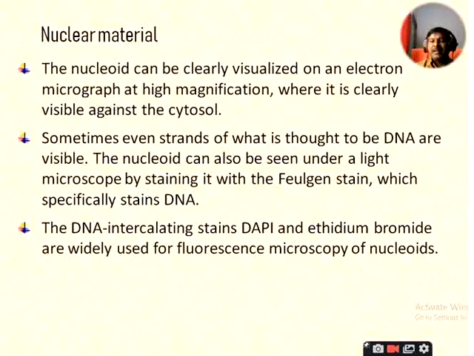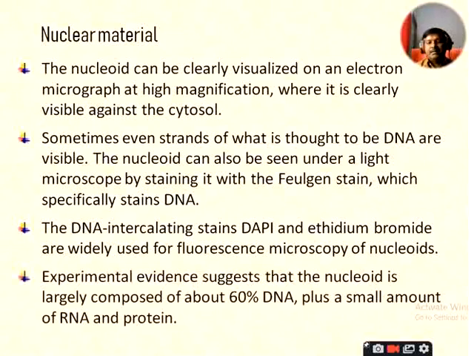That means when we have to observe the nucleoid from bacteria, then fluorescence microscopy is used. A fluorescence is generated, due to which the material, that is the DNA, becomes visible.